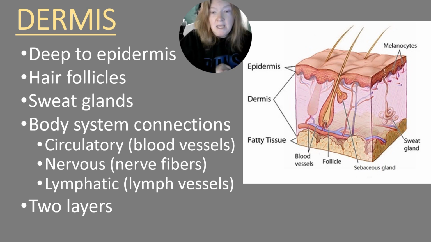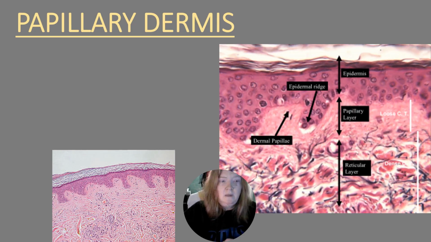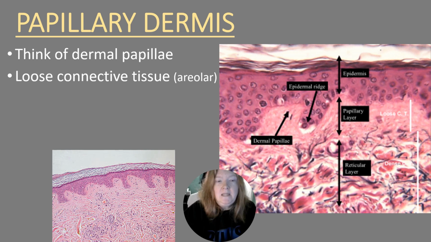And the dermis is composed of 2 layers. So let's talk about those layers. We have the papillary dermis. This is the dermal papillae. So this is where those dermal ridges form, and the epidermis kind of comes down into these little finger-like projections.